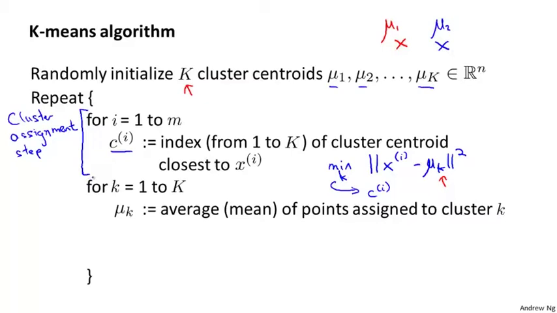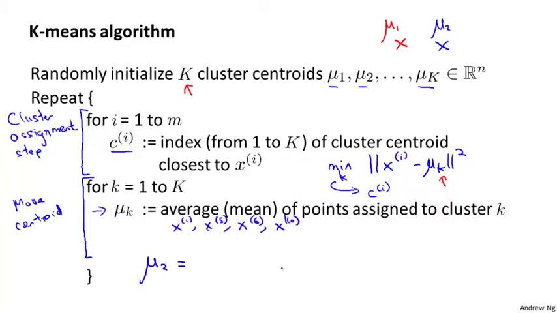The other inner loop of k-means does the move centroid step. What that does is, for each of my cluster centroids, so for lowercase k equals 1 through K, it sets mu k equal to the average of the points assigned to that cluster. As a concrete example, let's say that one of my cluster centroids, cluster centroid 2, has training examples 1, 5, 6, and 10 assigned to it.